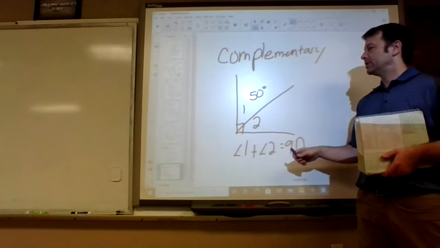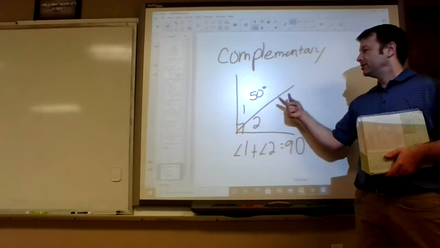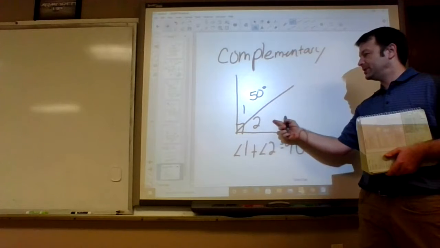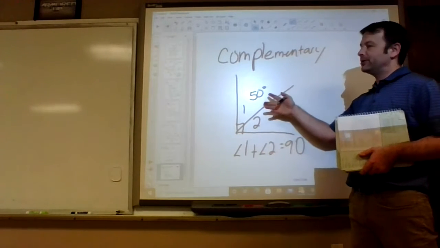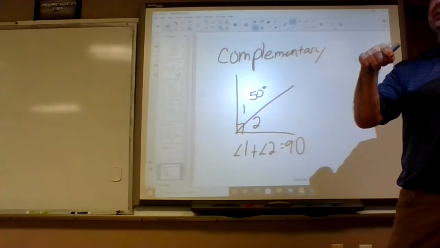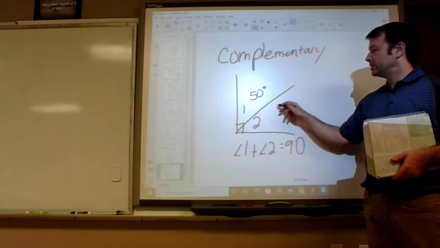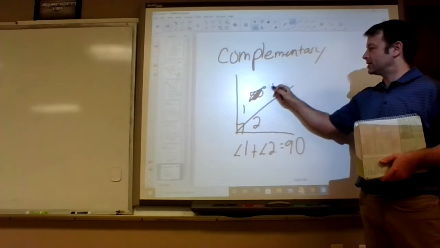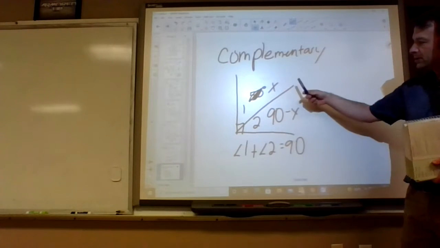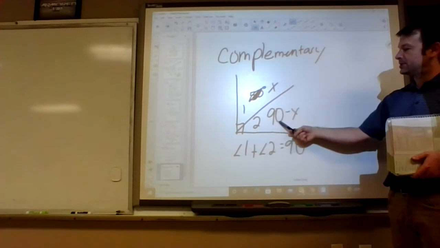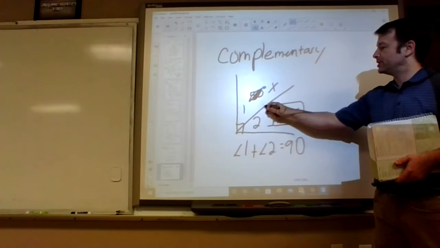Or if I knew this was 60, this would have to be 30, because 90 minus 50 is 40, 90 minus 60 is 30. So if you know what one angle is, its complement is just 90 minus it. So if this angle is x, this is 90 minus x. So when it says complement, this is what we're going to use.